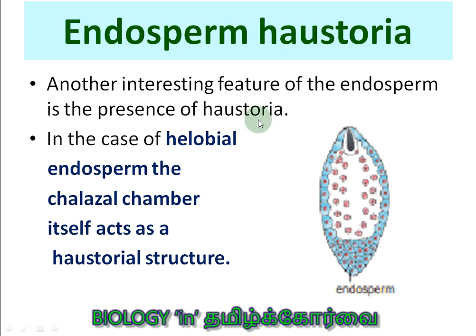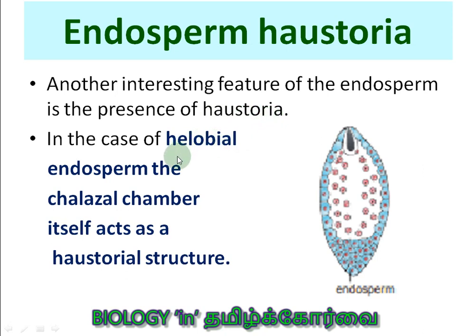A parasitic plant produces special roots which penetrate the host tissue in order to get the nutrients. Then these parasitic roots are called haustoria. In the same way, the endosperm also produces such special roots or special structures to absorb the nutrients. Then it is called haustoria.